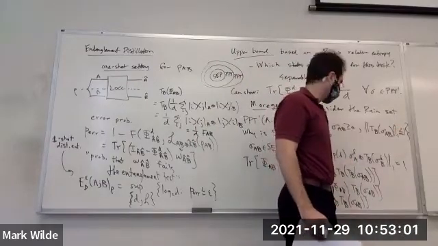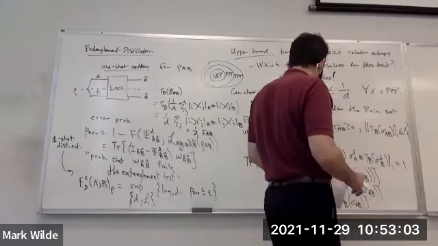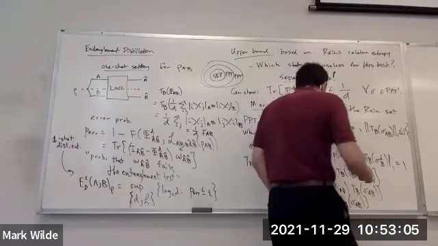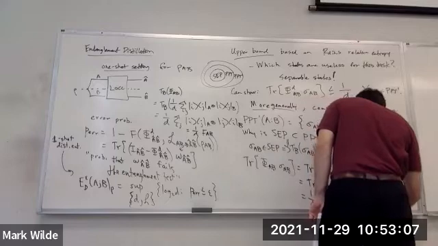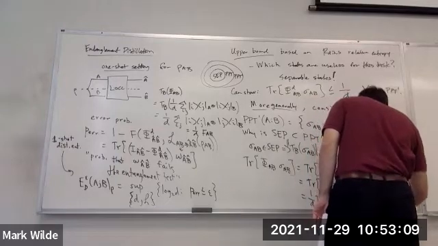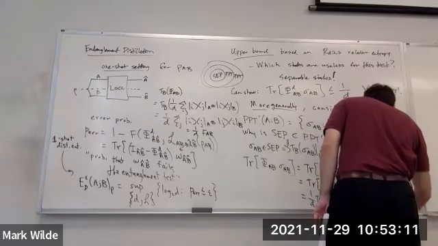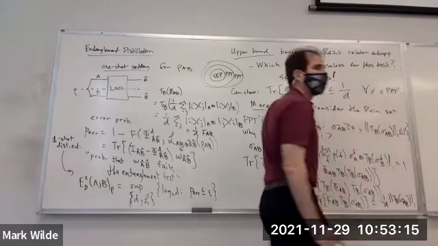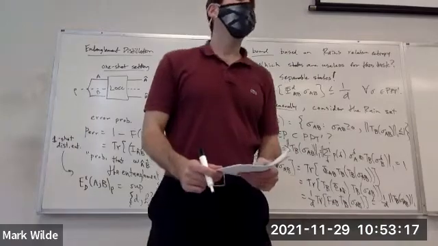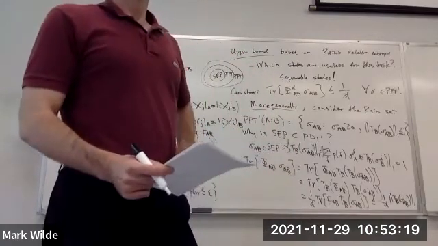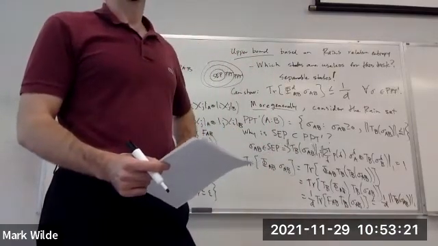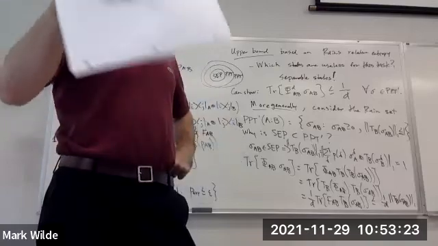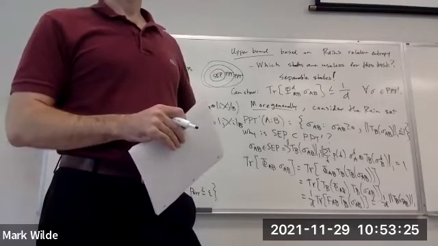I'll just write it and then someone, if you remember, tell me why this is true. I think you might have had this in a homework problem. Yeah, I'm trying to remember.